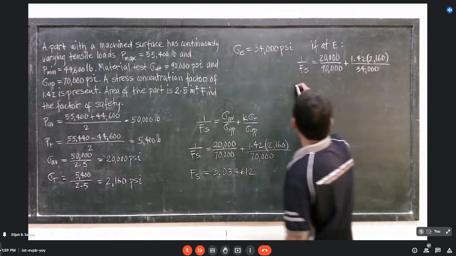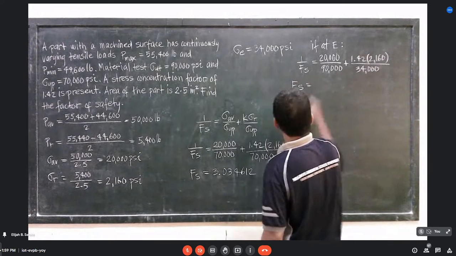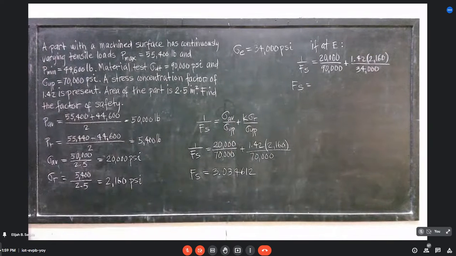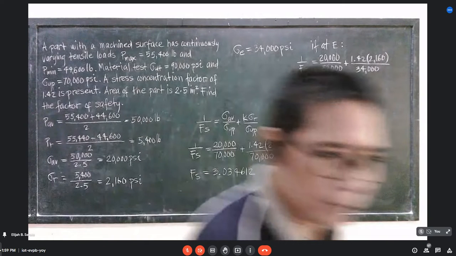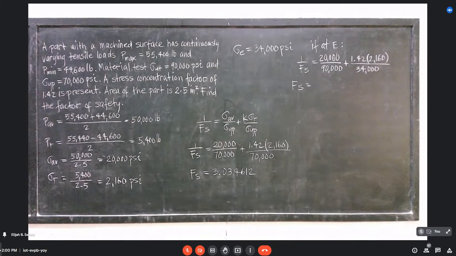You try to compute the factor of safety here. 20 divided by 90 plus 1.42 times 2.60 divided by 34. 3.2. How much? 3.2, sir.